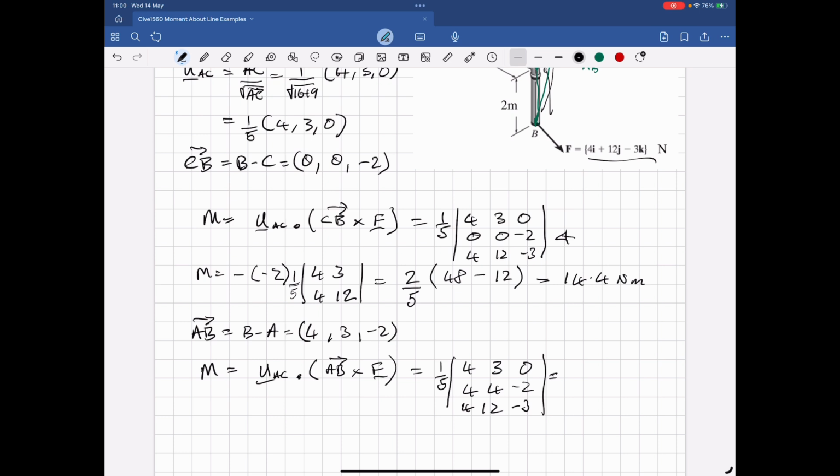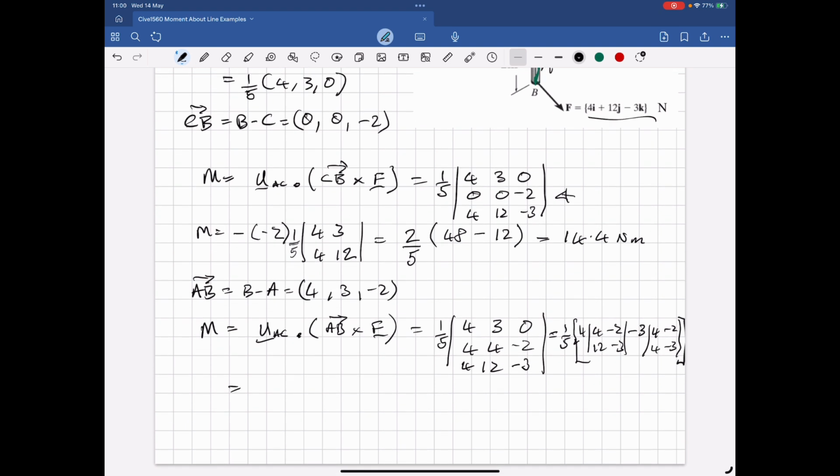We can expand that, 1/5 outside, and then 4, minus 2, 12, minus 3, minus 3, 4, minus 2, 4, minus 3, and there's no y component.